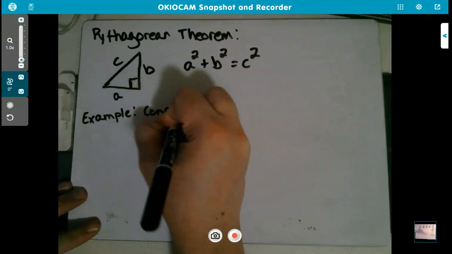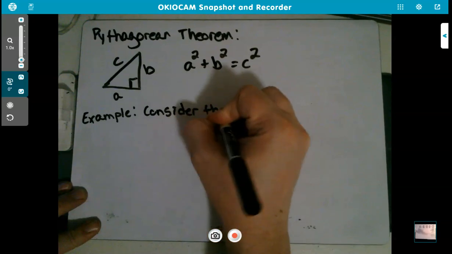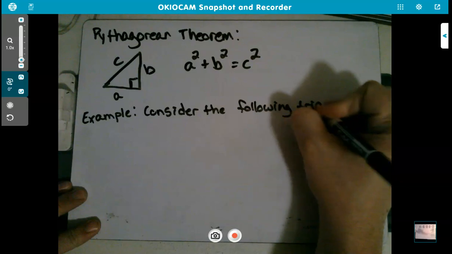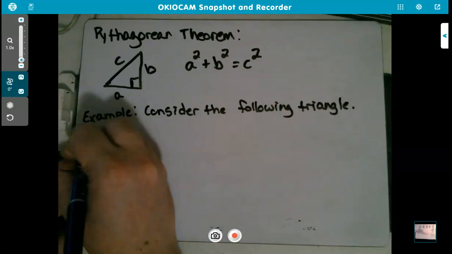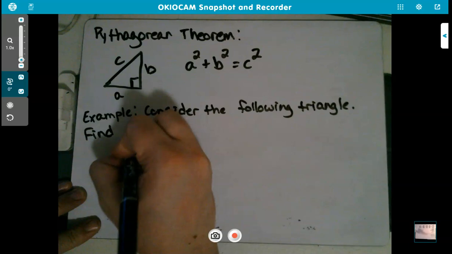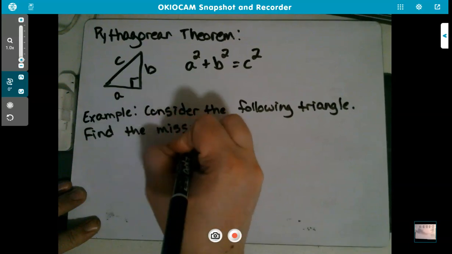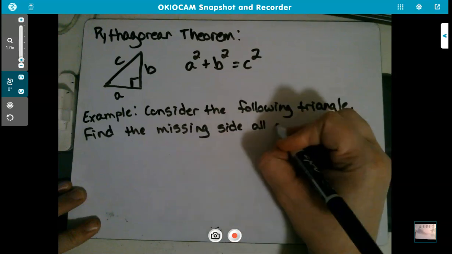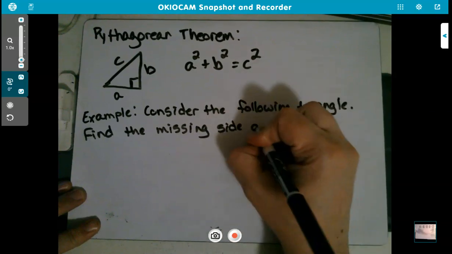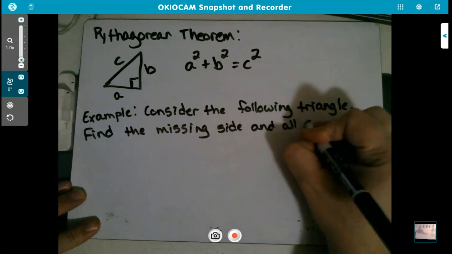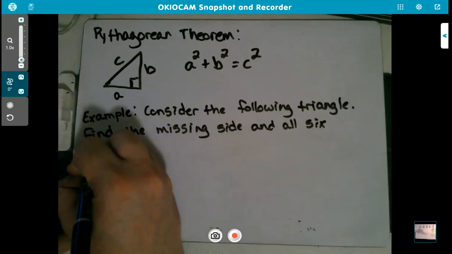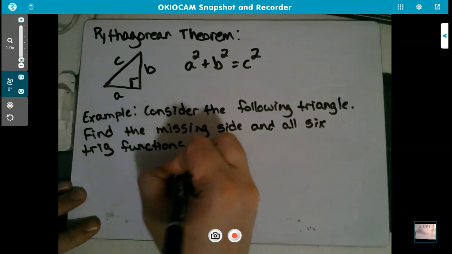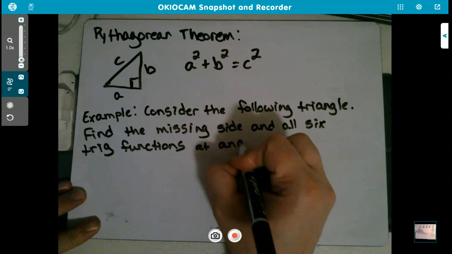Consider the following triangle. I want you to find the missing side and, sorry, that should have said and, all 6 trig functions at angle A.